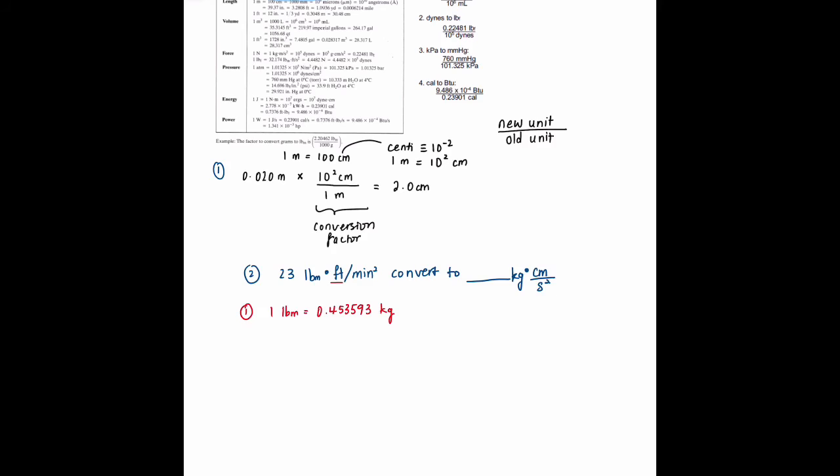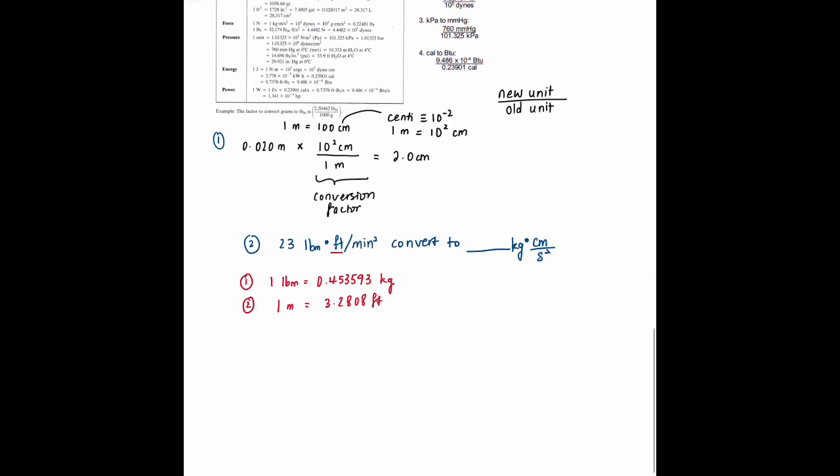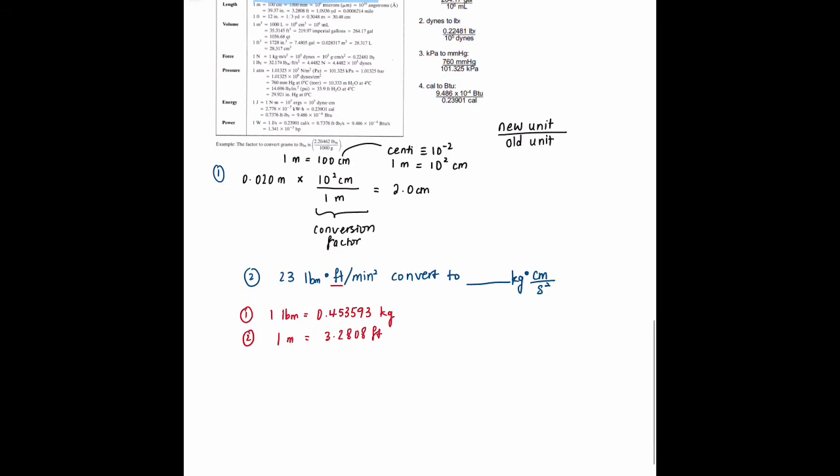So from here I know that the second conversion factor will be 1 meter equals 3.2808 feet, right? And then, yeah, so this is good to go. I can also use a conversion factor later to convert my meters to centimeters as required here.